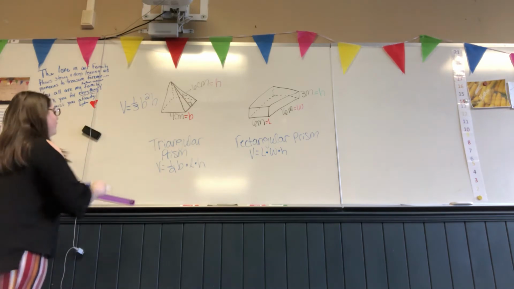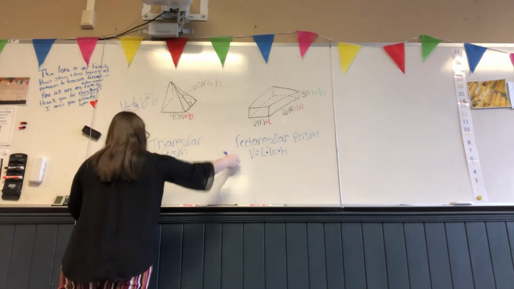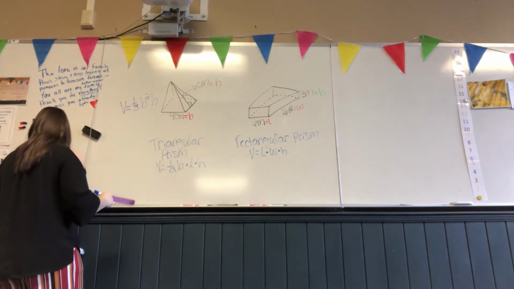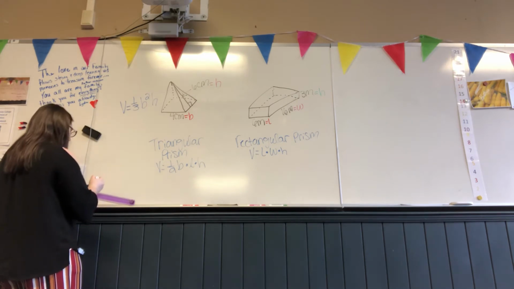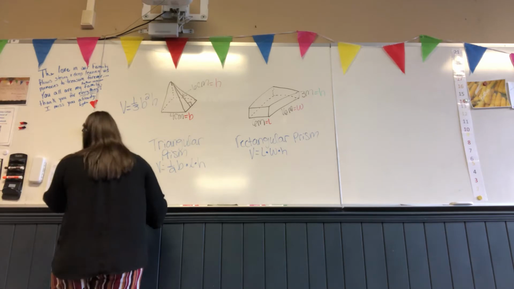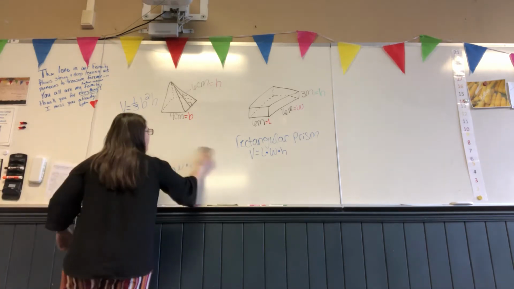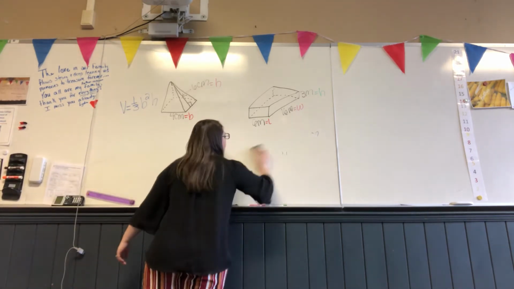So those are your 3 formulas that you'll be using. I'm going to go ahead and erase the triangular prism for now because I haven't drawn that one yet. Go ahead and erase this one too.